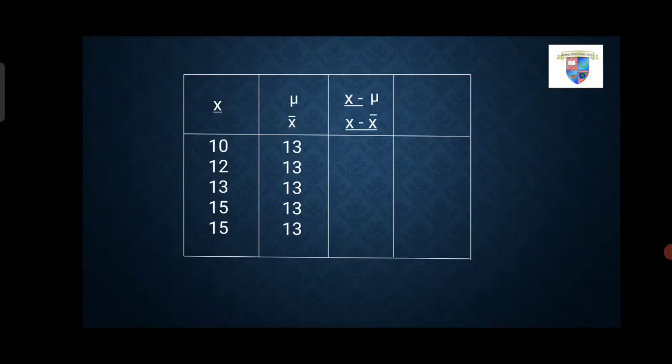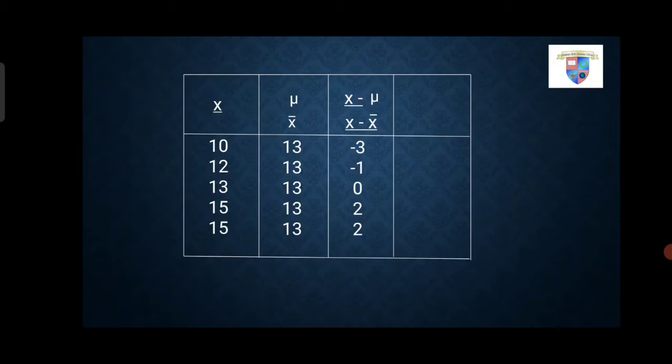In the next table, it shows here x minus mu, or x minus x bar. When you subtract the data value and the mean, in the first row you can see -3 because 10 minus 13 is equal to -3.